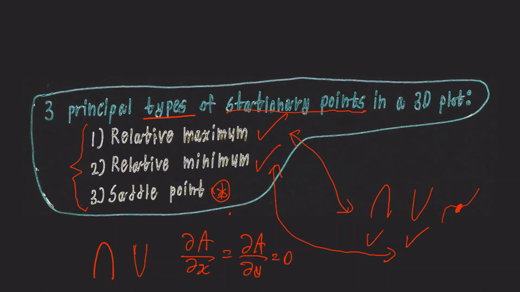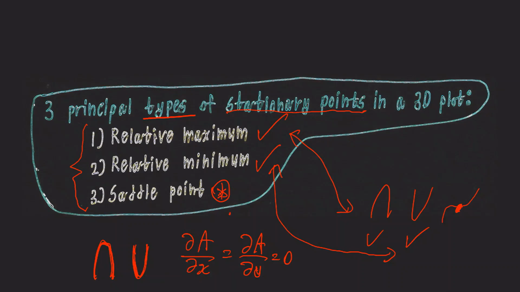But we can't meaningfully classify it as a maximum or a minimum, because with respect to one variable it's a maximum, and with respect to the other variable it's a minimum. In general, that's what we call a saddle point.